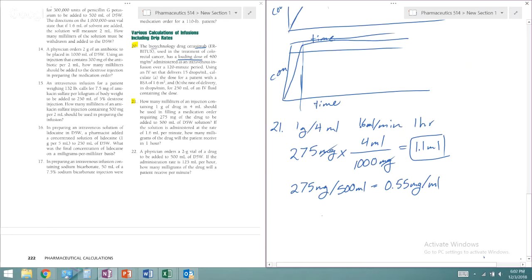And then we find that we take 1.6 milliliters a minute and we multiply that by 60 minutes per 1 hour. And so we find that that is 96 milliliters. So then in 1 hour, but it doesn't matter.